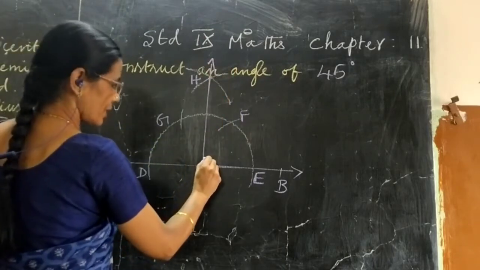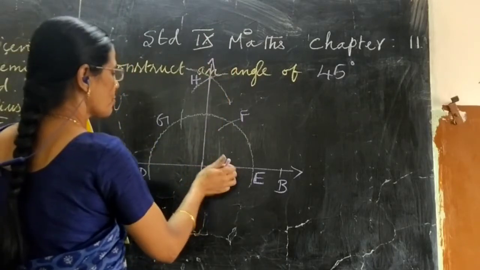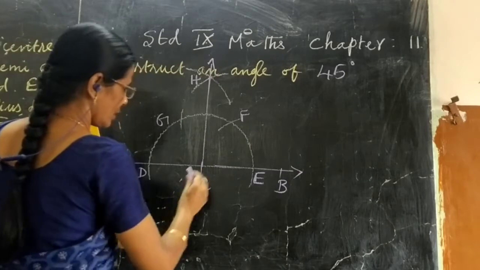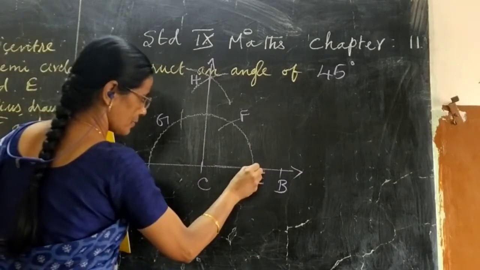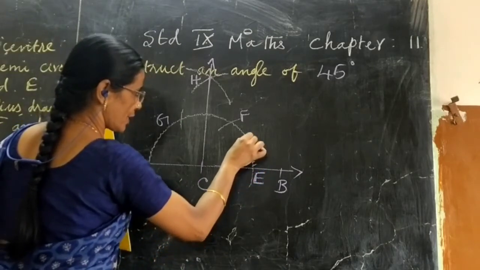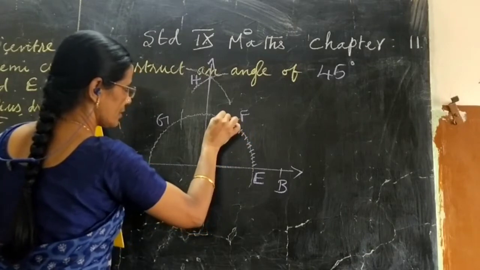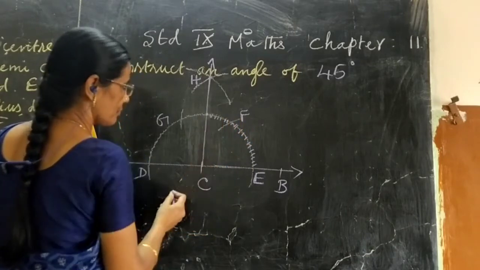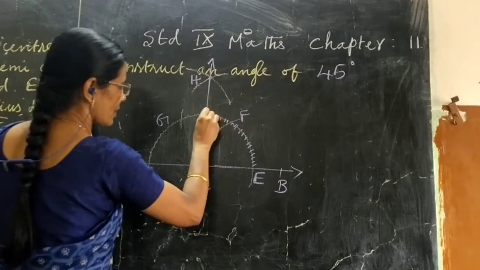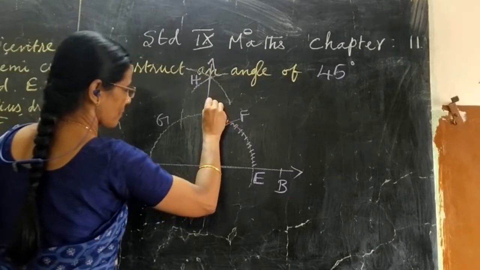So this is 90 degree. Now we are going to bisect this angle. We can say this arc starts from the point E and 90 degree is still here. So this point I am going to take as I.